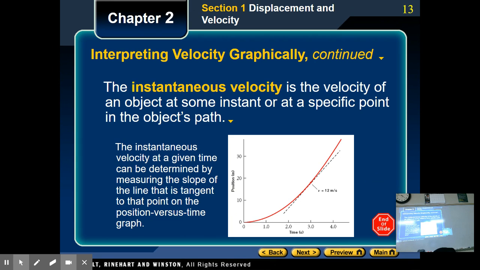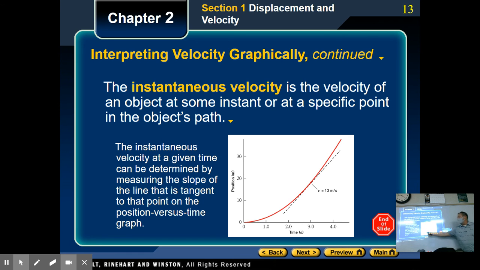And one last thing we really don't do a whole lot of, and that is instantaneous velocity and the determination thereof. What this is that we can determine the slope of a line that is tangent to an object that has maybe not such a consistent velocity.